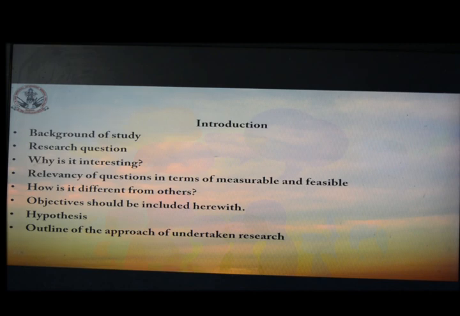Then the objectives of our study should be included with the hypothesis, and an outline of the approach of the undertaken research is given there. So all points should come in flow, as one must be linked with the other. So in the introduction portion, if you see, we come from generalized to specific.